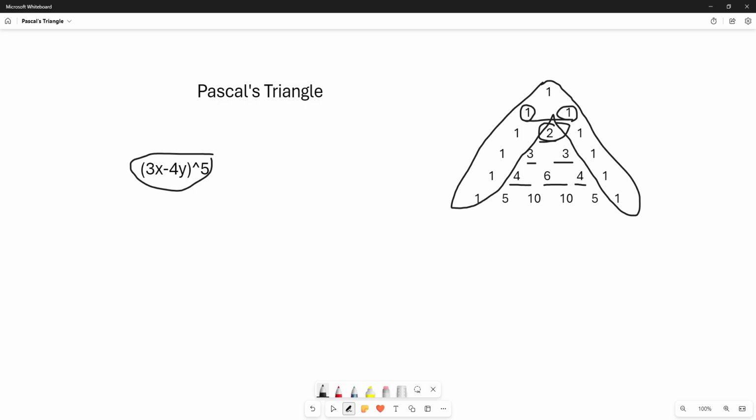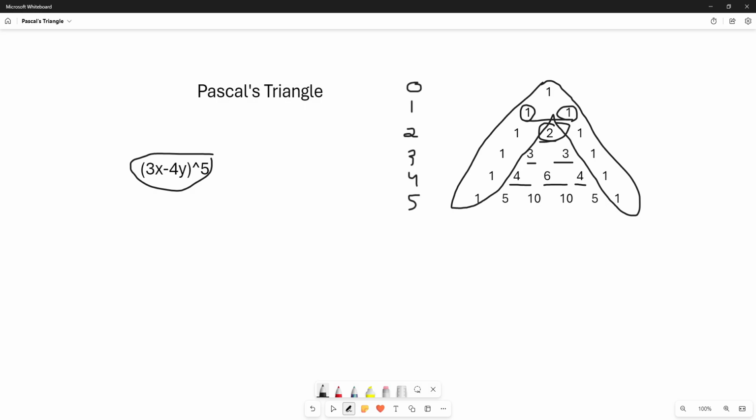And here the 2 and the 1 make the 3. And same thing here. Keep on going down, and we get more and more numbers, and this goes on forever. So what we're going to label them is this is row 0, this is row 1, this is row 2, this is row 3, this is row 4, and this is row 5.